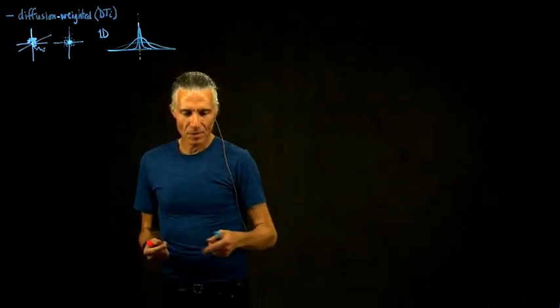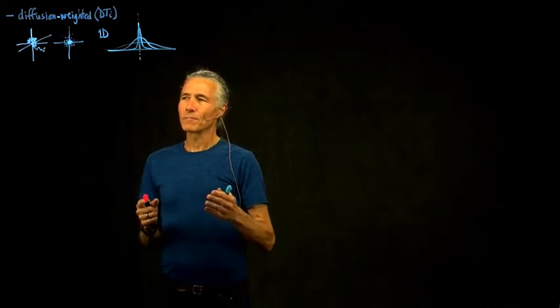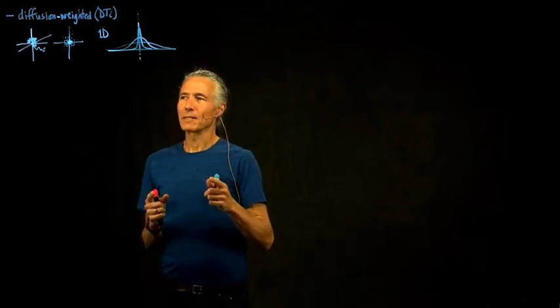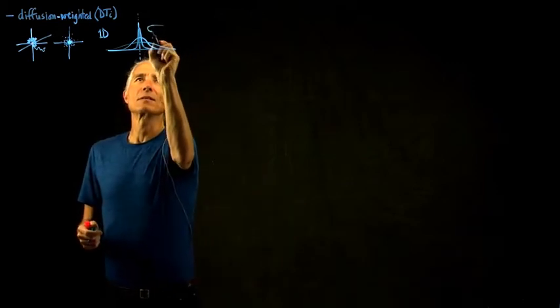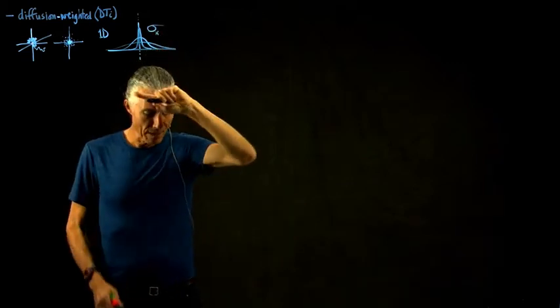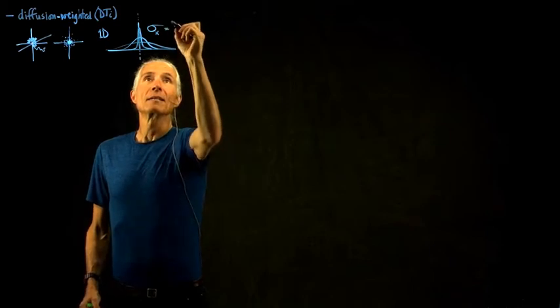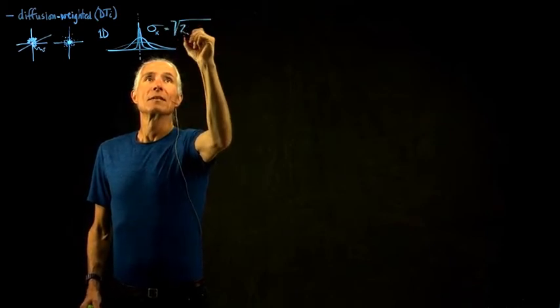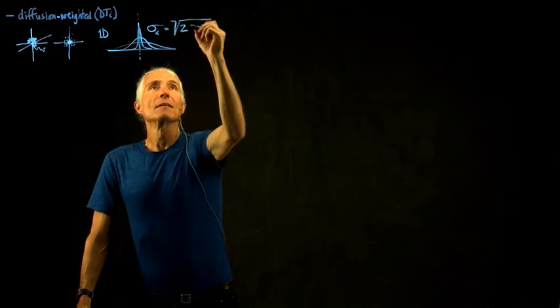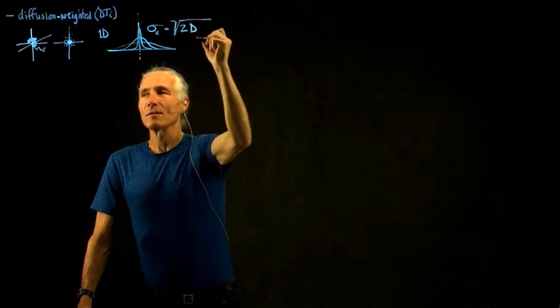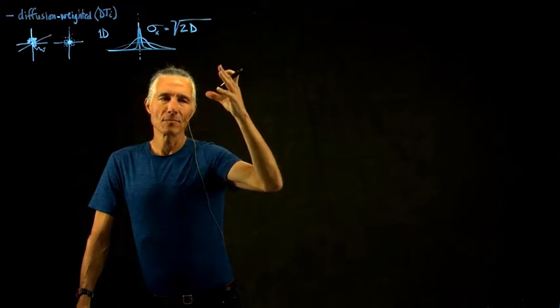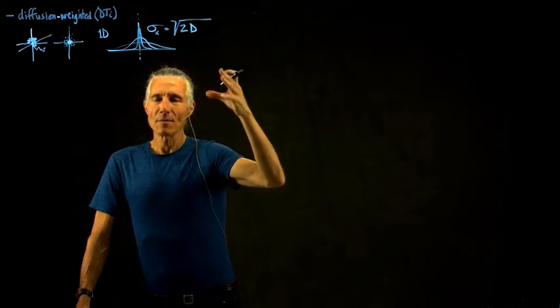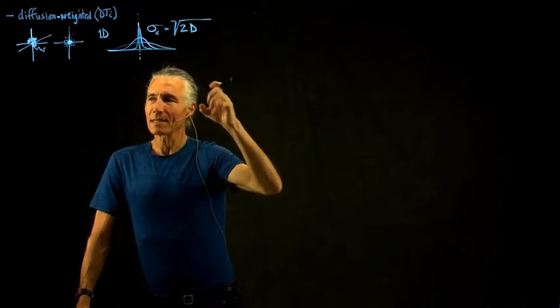And so you can describe that Gaussian, or just kind of the average position after some amount of diffusion, in one dimension as the square root of 2 times the diffusion constant times the total amount of time. Different substances will allow different rates of diffusion, depending on how viscous they are.